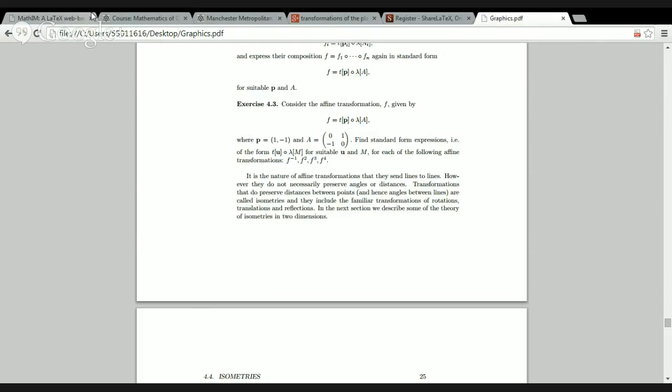So if you think about what an isometry does to the basis vectors i and j, the basis vectors i and j have the property that they both have length 1 and that they're at right angles to one another. So if you apply an isometry to them, they're still going to both have length 1, and they're still going to be at right angles to one another.